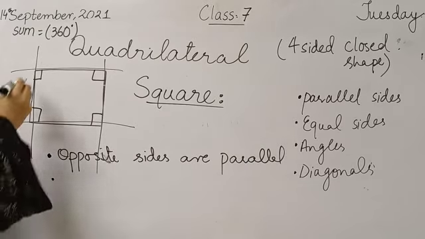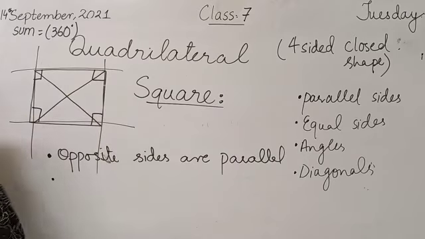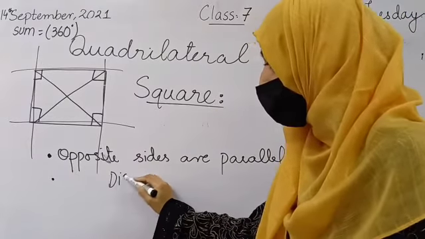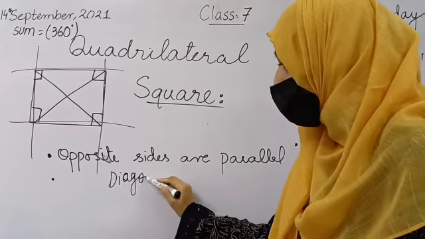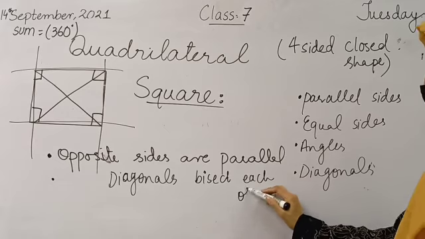There are 2 diagonals. First one is this and the second one is this. Do they bisect each other? So we'll write diagonals bisect each other.